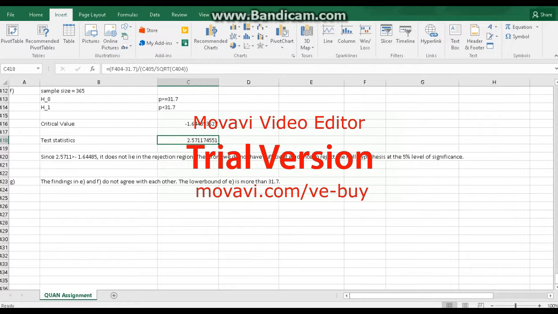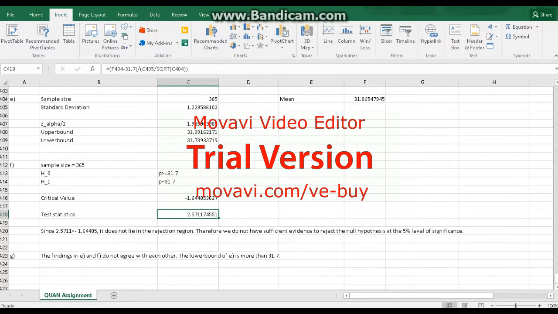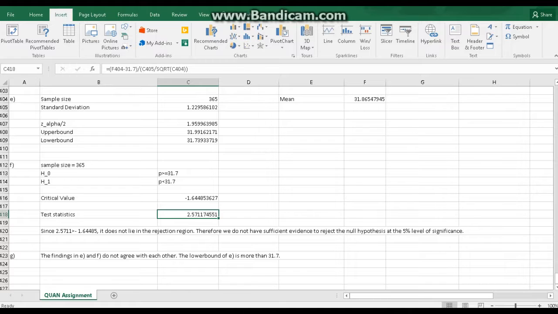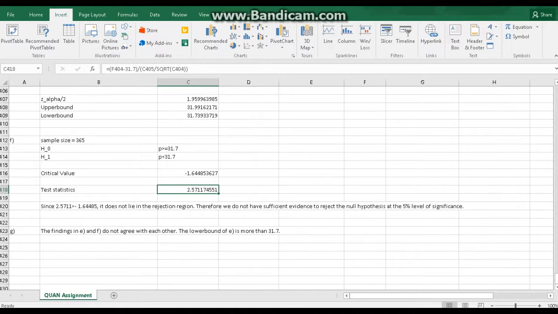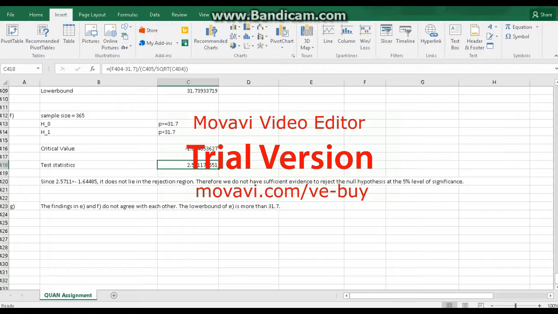For the test statistic, I use the mean, minus the claim of 31.7, and the whole thing divided by the standard deviation over square root of the sample size, which is 2.571. Since the test statistic 2.571 is more than the critical value of minus 1.64, it does not lie in the rejection region.